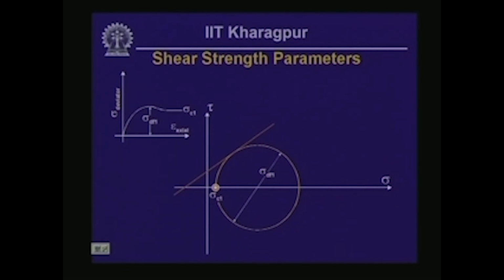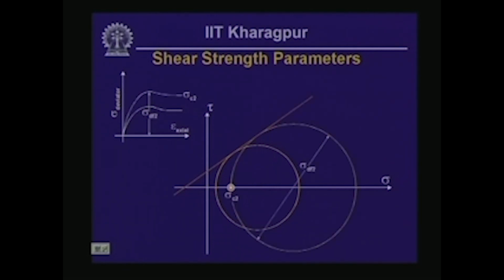Now we are going to plot the corresponding data from the next test, which was conducted at a somewhat higher level of cell pressure, and in this test we obtained at failure a deviator stress of sigma df2.